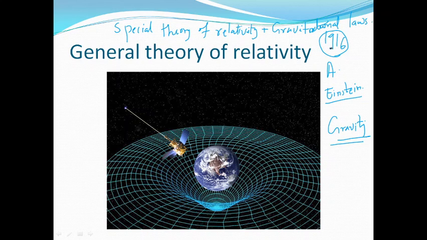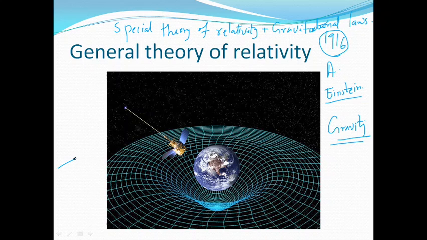According to this theory, the gravitational force is experienced due to curvature of space-time. Suppose our Earth is placed in space, and the mass of Earth will cause curvature in space-time, and these curvatures are responsible for the gravitational force produced by Earth. That is the concept proposed by the general theory of relativity.